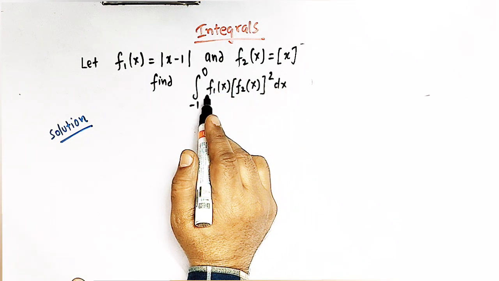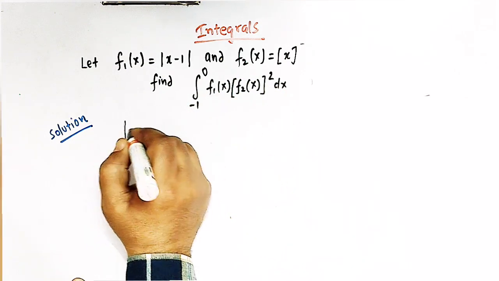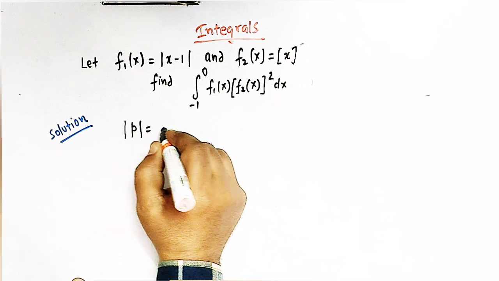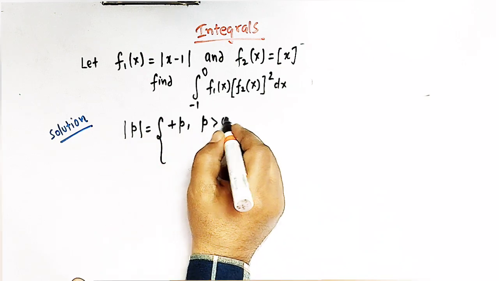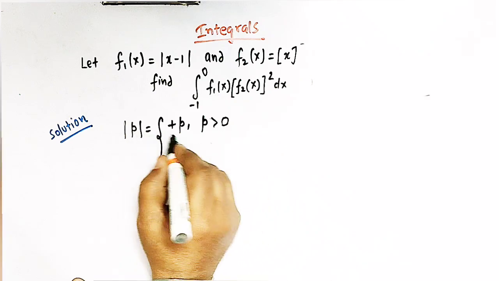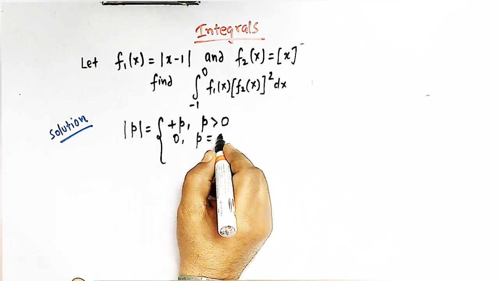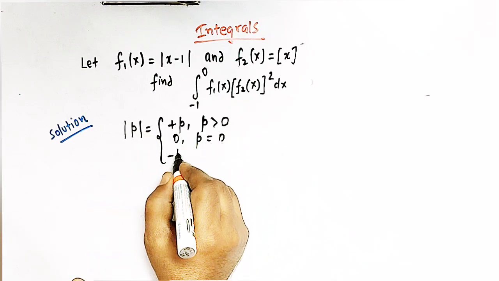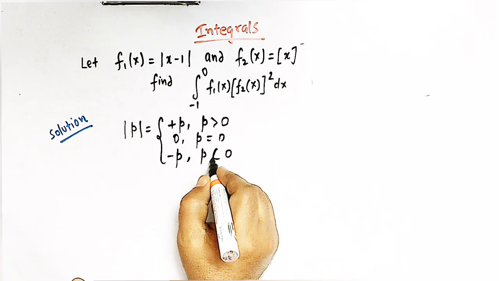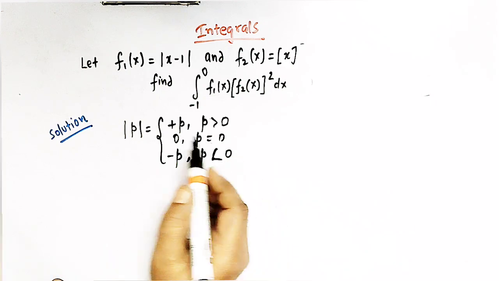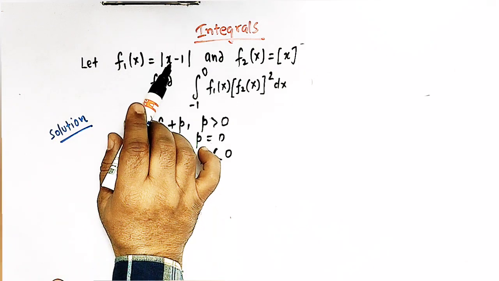this integral, right? Now see, a mod function is defined like this: mod of p is equal to positive p whenever p is greater than 0, and mod of p is 0 when p is equal to 0, and mod of p is negative p when p is less than 0, right? So let us apply this definition to this function.